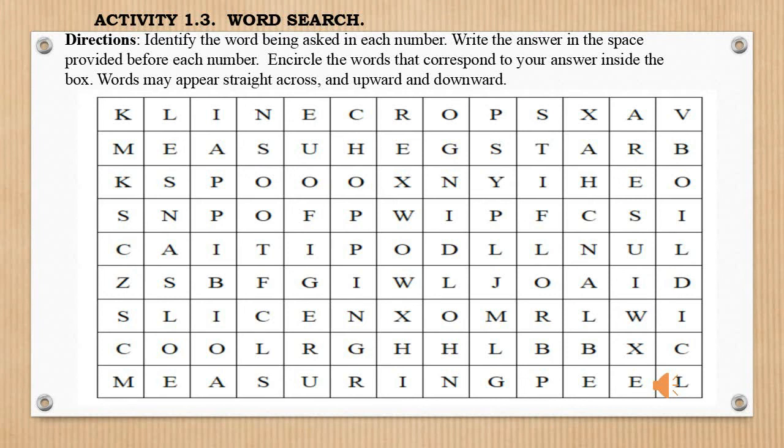Encircle the words that correspond to your answer inside the box. Words may appear straight across and upward and downward. Example number 1 is given to you. This is a type of measuring tool that is used to hold dry ingredients for measuring. Answer is measuring cup.